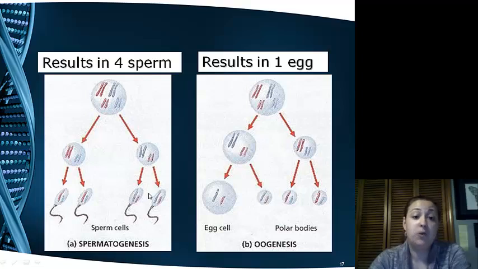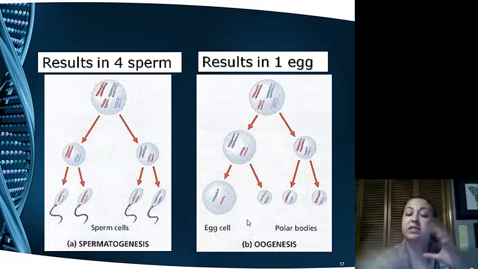So we get 4 sperm, but we only get 1 egg. And that egg contains all of the organelles needed to start the actual zygote once the sperm comes in. Therefore, we can actually have division and see a baby form.